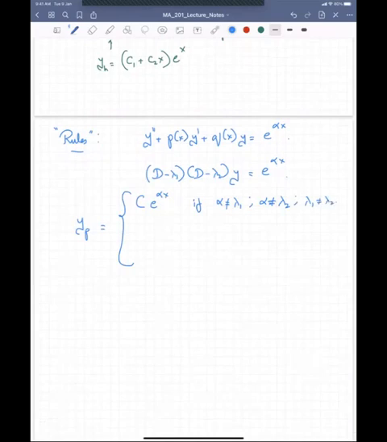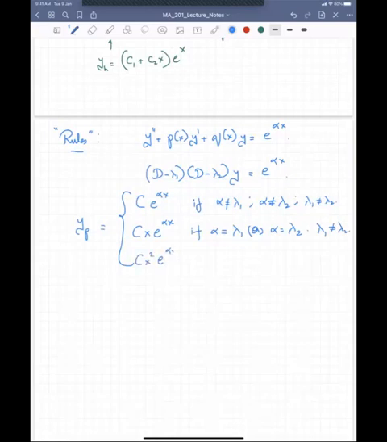It will be equal to c times x times e to the alpha x if alpha is equal to lambda 1 or alpha equals lambda 2, where lambda 1 and lambda 2 are not the same. And it will be c x squared e to the alpha x if all of them are the same.